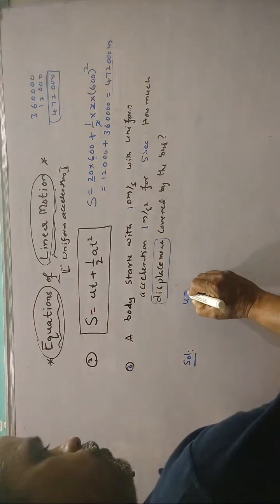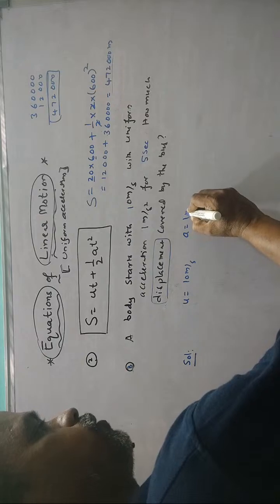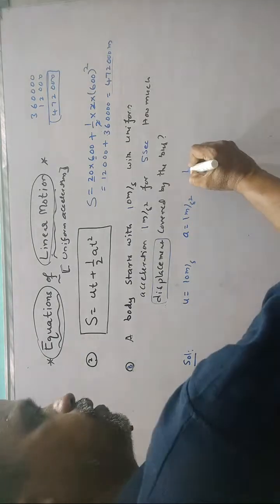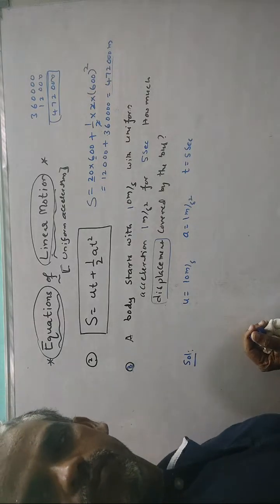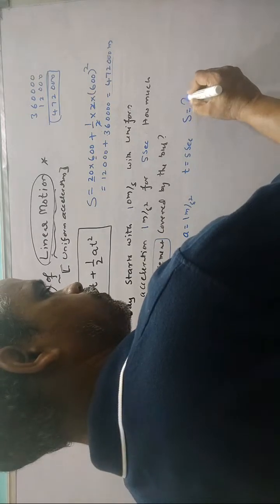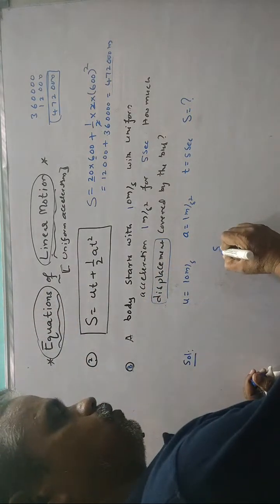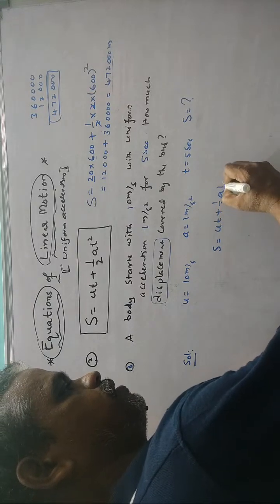u equal to 10 meter per second, a equal to 1 meter per second square, t equal to 5 seconds. And what about s? s equal to ut plus half at square.